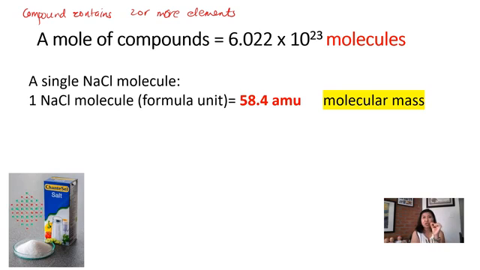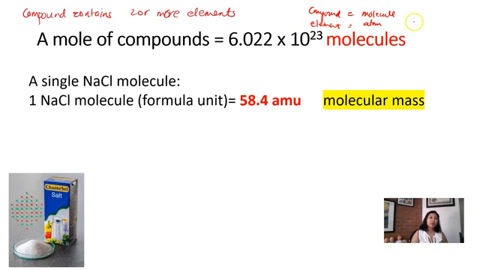But when we're talking about sodium chloride, an individual sodium chloride compound is called a molecule. Okay, a little sodium chloride molecule. That's the smallest unit. So one tiny compound is called a molecule, whereas one tiny element is called an atom.